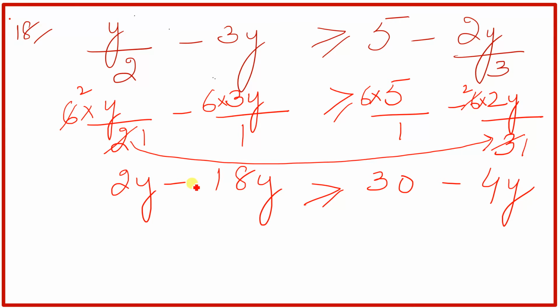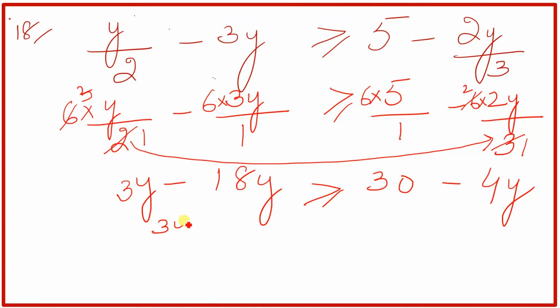So here is negative 18y and this is, sorry, this is 3, right? I can correct it. Two threes are 6. Now we will take the transpose.